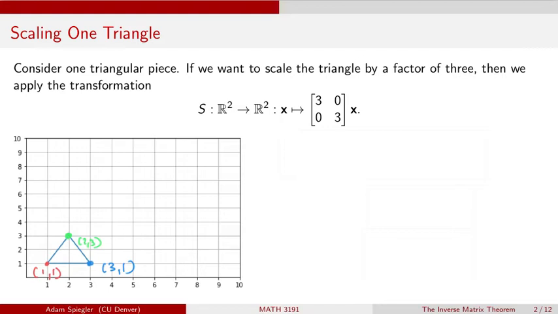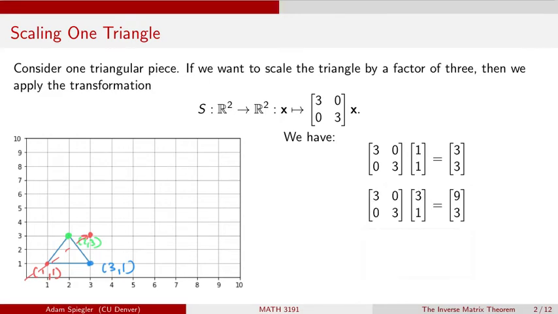So that first vertex that I've written over here at 1, 1, it gets mapped to 3, 3. So that vertex is going to wind up over here at 3, 3, right? So we're just pushing 1, 1 so that it's now 3 times further away from the origin.